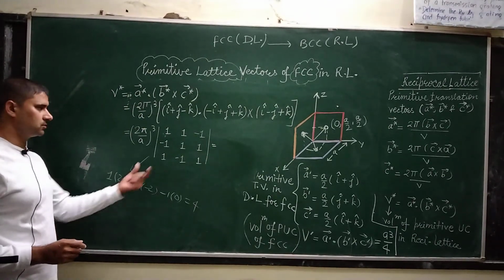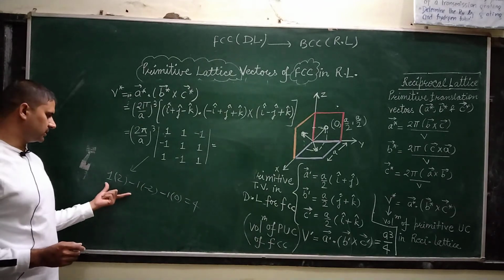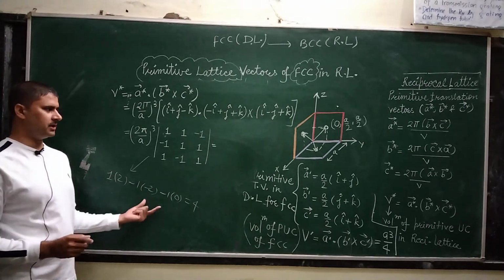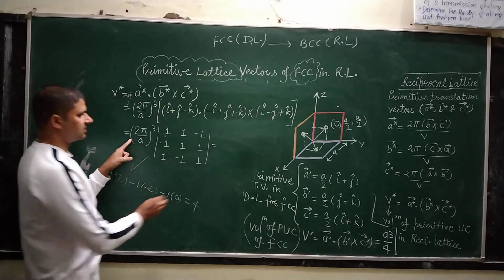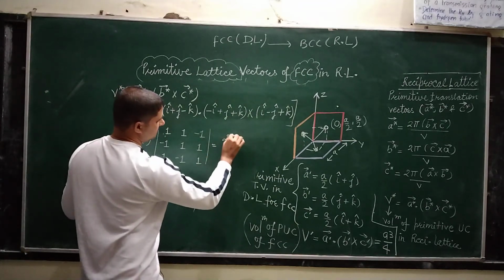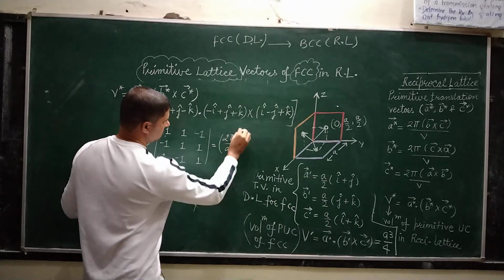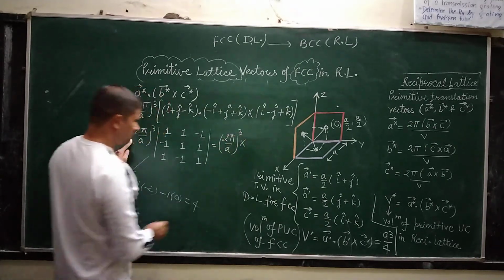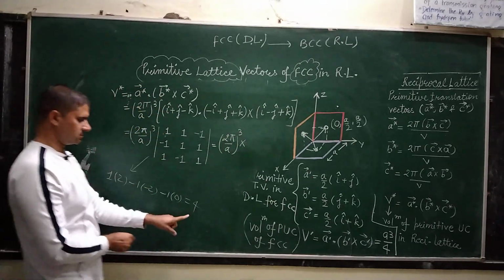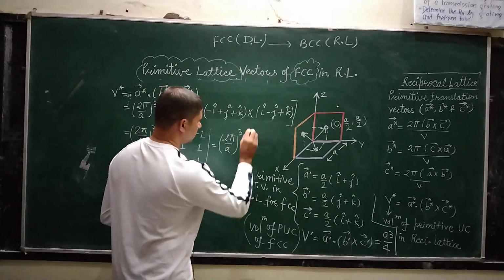So class, if you solve this determinant, then you will get the result like this, and I am writing it here directly, and this will be (2 pi by a) cube into the solution of this, which will be 4.